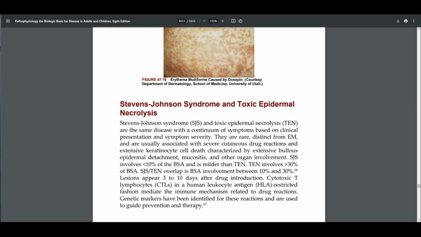Stevens-Johnson syndrome involves less than 10% of the BSA and is milder than toxic epidermal necrolysis. Toxic epidermal necrolysis involves more than 30% of BSA. Both overlap in their BSA involvement between 10 and 30%.